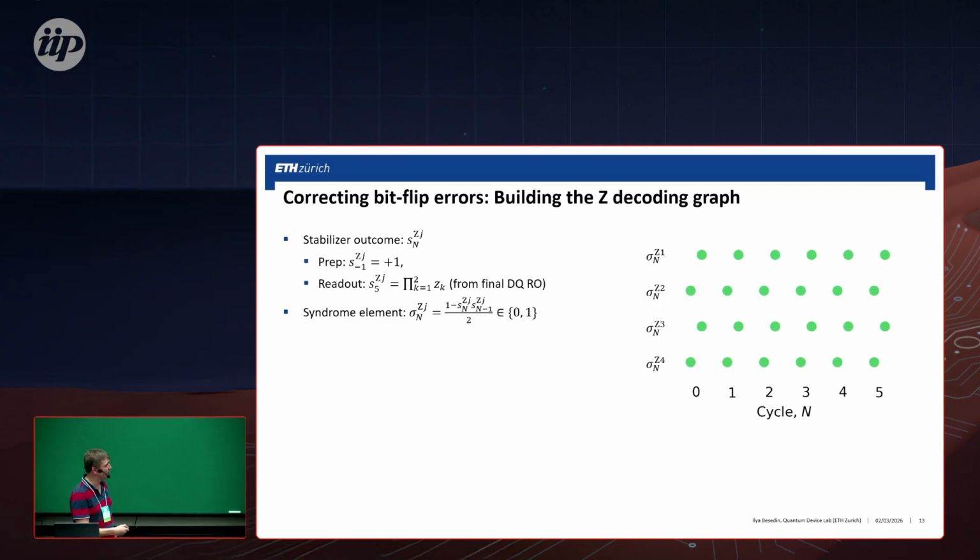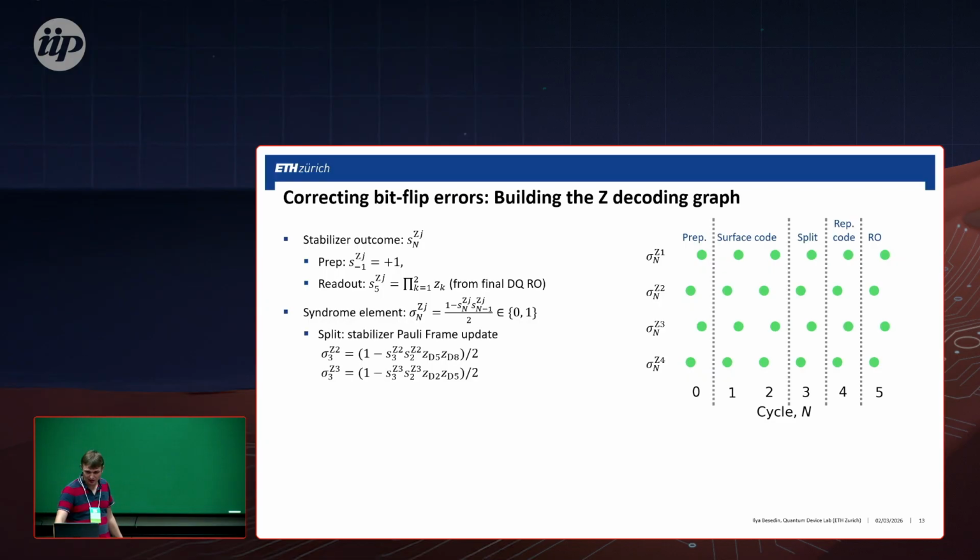There are four Z-type stabilizers and a total of 5 stabilizer measurement cycles plus preparation plus the readout. So the first and the final syndrome are comparisons of the preparation with the stabilizer measurement, or the stabilizer measurement with the readout. So we have a total of 6x4 stabilizer elements.